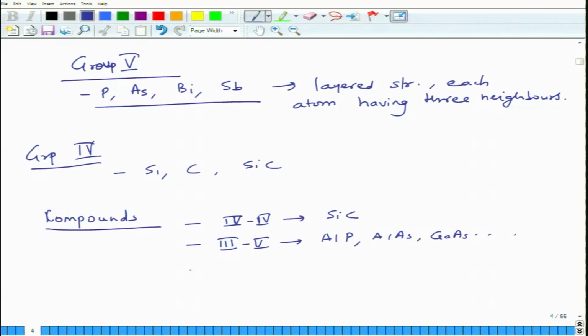They are 3,5 semiconductors. They are strongly covalent in nature. Then we have 2,6 compounds such as ZnO and ZnS. These are also strongly covalent. Then we have 1,7 compounds. These are CuCl or AgI and so on and so forth.